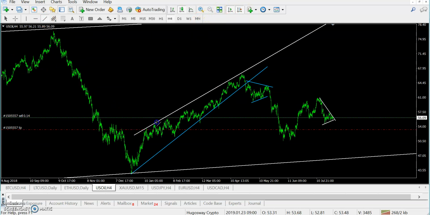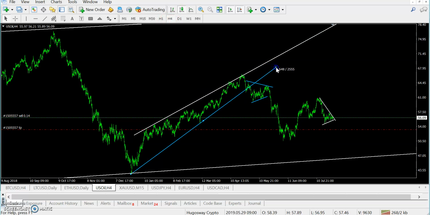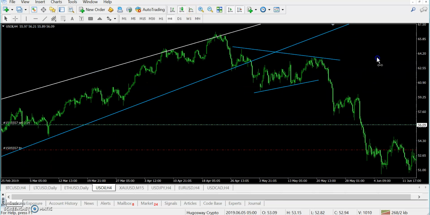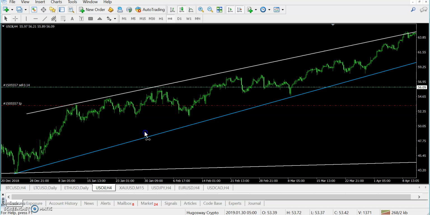But that was a decent channel for a bit, until it broke. So with time, yeah, it respected the zones.